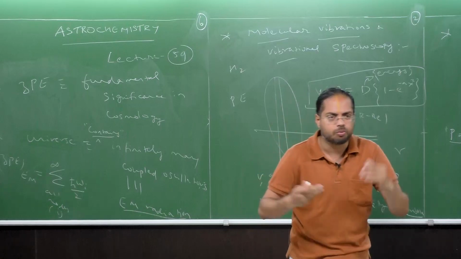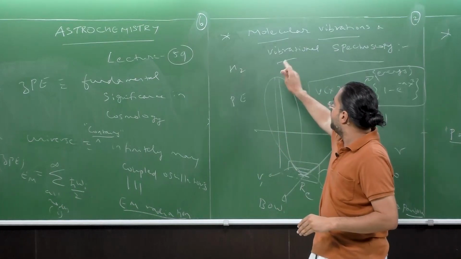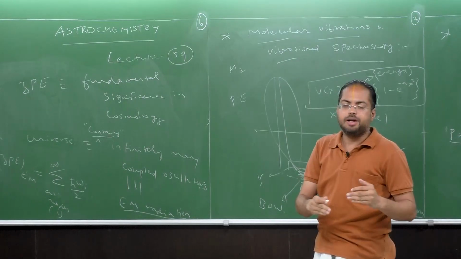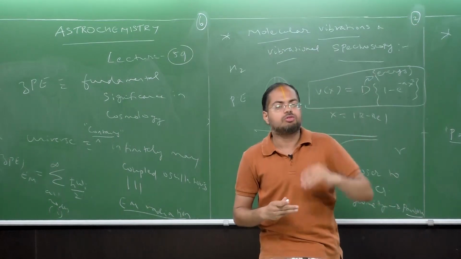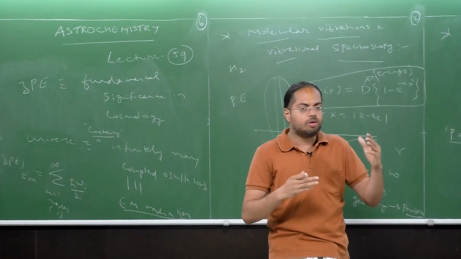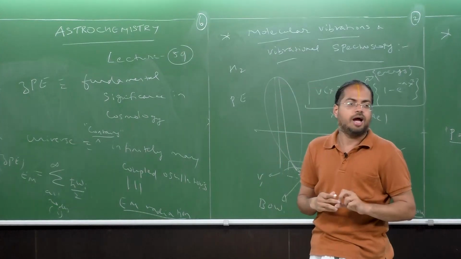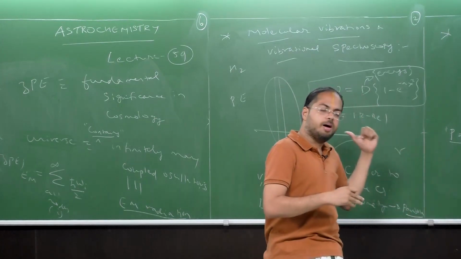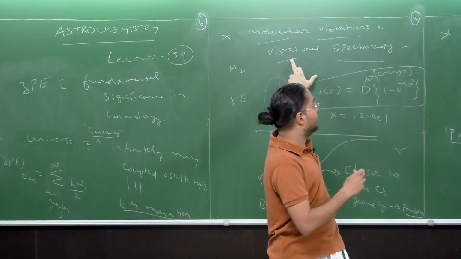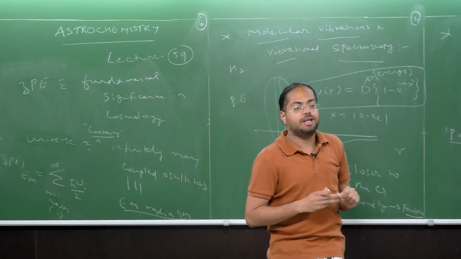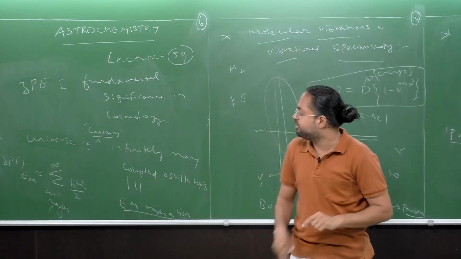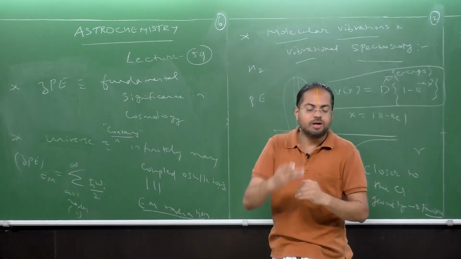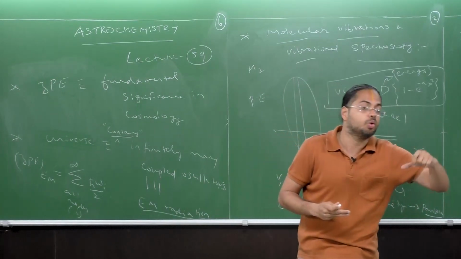A brief summary of what we saw: we started off with a beginning understanding of vibrational spectroscopy, and I told you that by solving the Schrodinger equation, we could get the energy states, and that the boundary condition was tricky to understand physically for the vibrational energy problem. Then we obtained what is called the zero-point energy, which is unlike the rotational part, wherein the lowest energy could be 0.